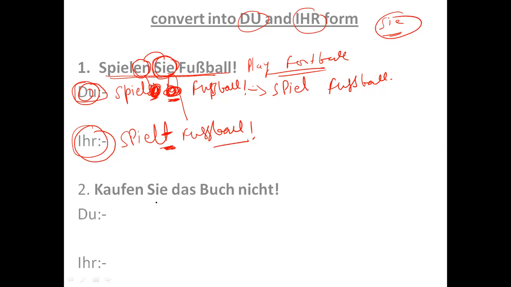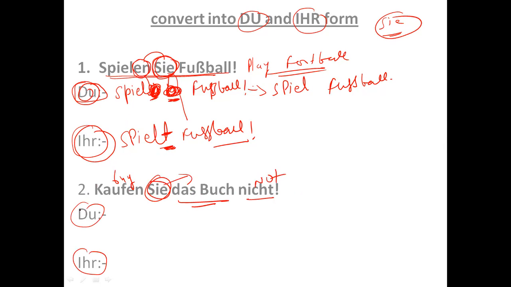So in other words, if I need to put the same rules in simpler words, like here it says "Kaufen Sie das Buch nicht", don't buy this book. Nicht is not, kaufen is buy, das Buch is the book, and I'm talking to you, right? So don't buy the book. Which form is given? Sie form is given, and I need to convert into du and ihr.